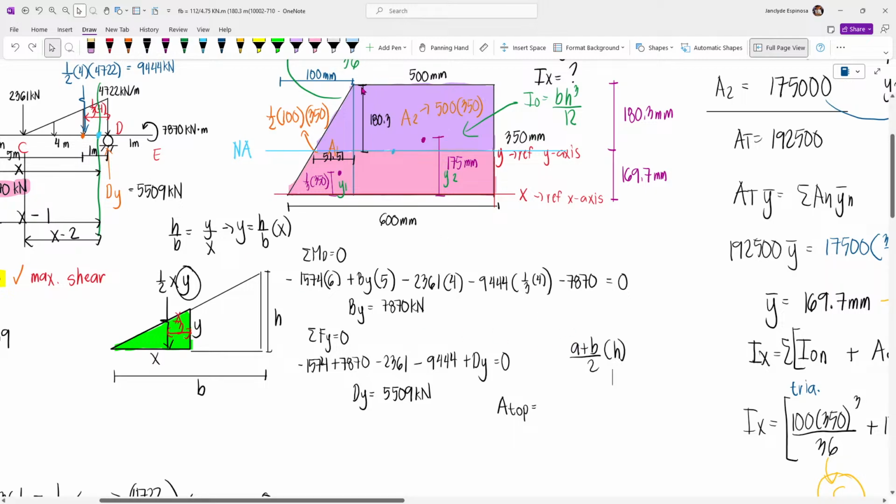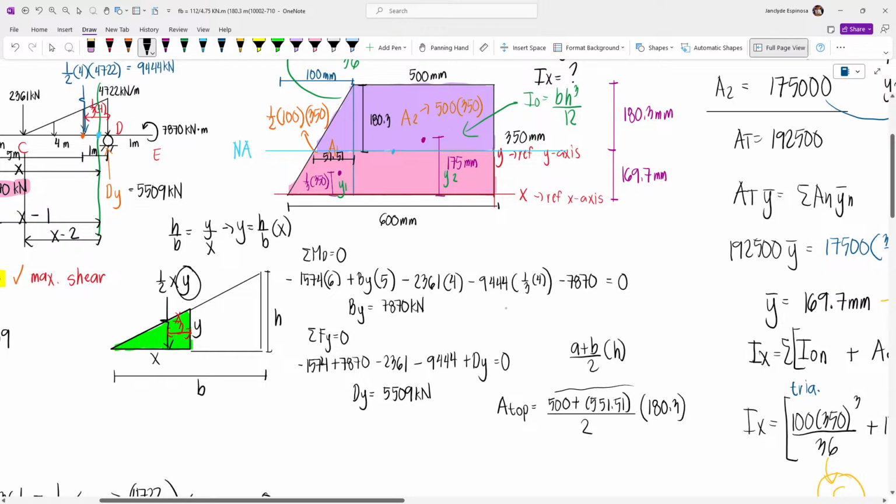The parallel sides are 500 and this distance at the bottom, since those lines are parallel. I hope you agree it's 500 plus 51.51, so 551.51. (a plus b) over 2 multiplied by the perpendicular dimension, which is 180.3.